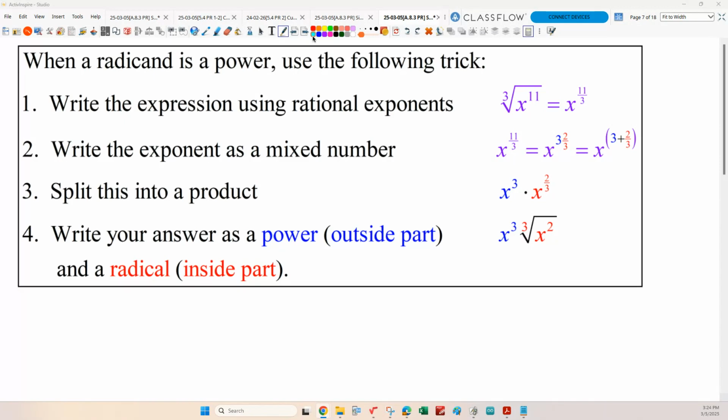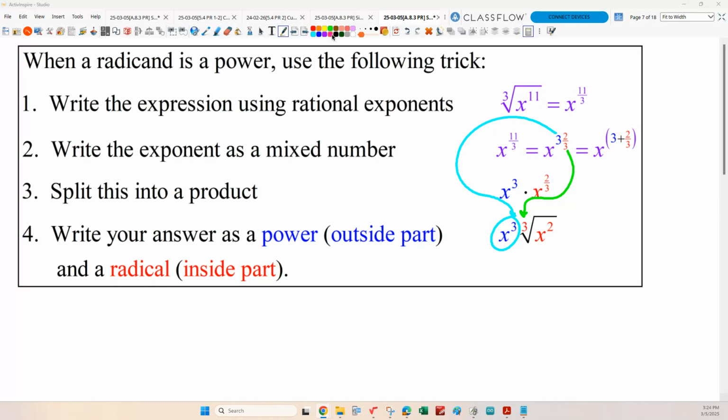When you get the mixed number, you just know that the integer part, the whole number part of the mixed number, is the part that's going to go out front, right? So that's going to give me an x cubed outside of the radical. The fractional part represents the part that's in the radical. Now let's trace these parts. We know that the 3 in the denominator always just tells you what kind of root we're taking, right?